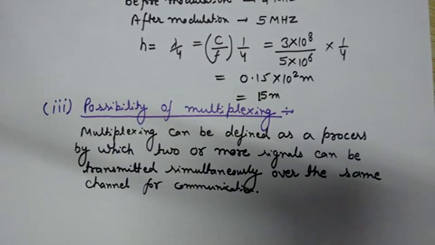Okay, with the help of modulation, it is possible to allocate separate frequency for different message signals by using carrier waves of different frequencies. So even on transmitting many message signals over the same channel simultaneously, they don't get mixed up.